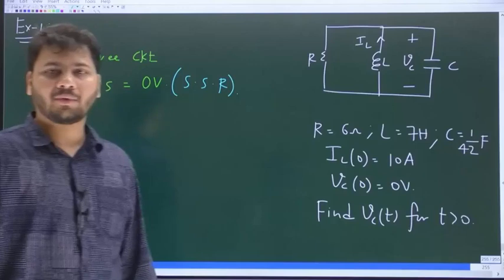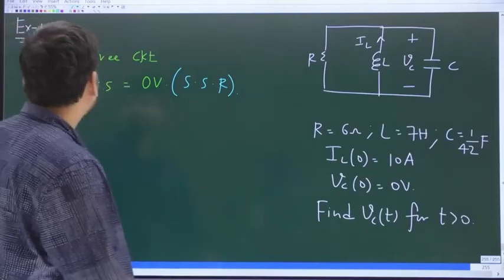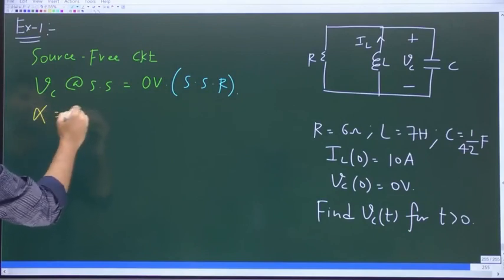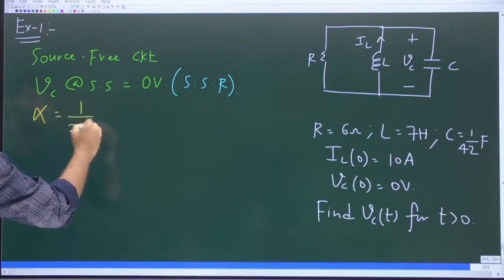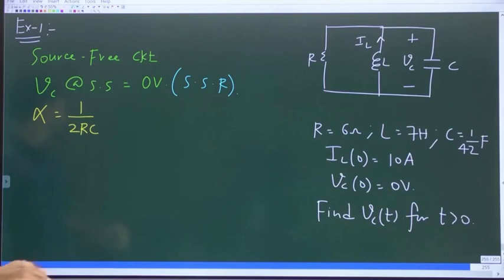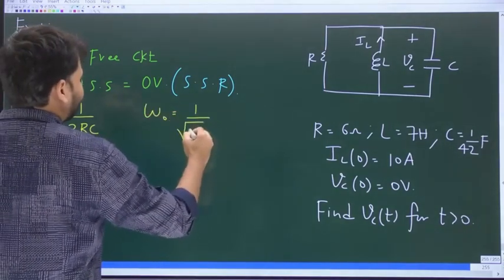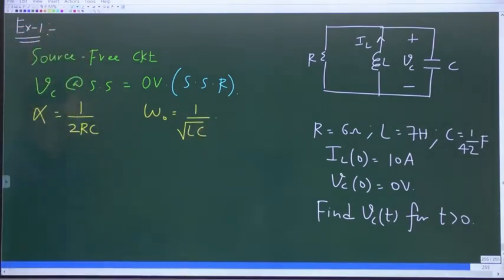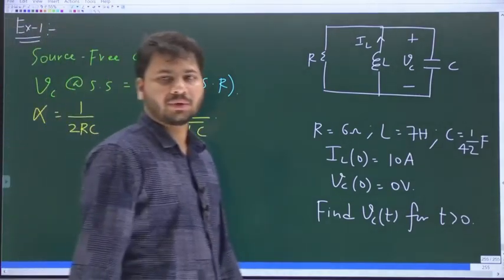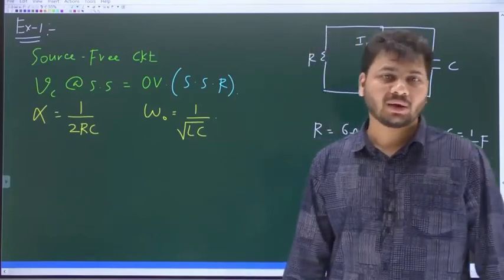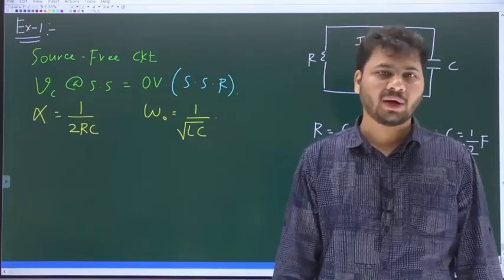So if you recall from last lecture, we know for a parallel RLC circuit, alpha is given by 1 by 2 RC, and omega naught is given by 1 by square root LC. So by using the given values of R, L and C, we must calculate the values of alpha and omega naught.